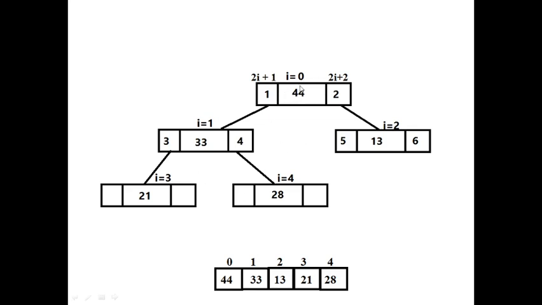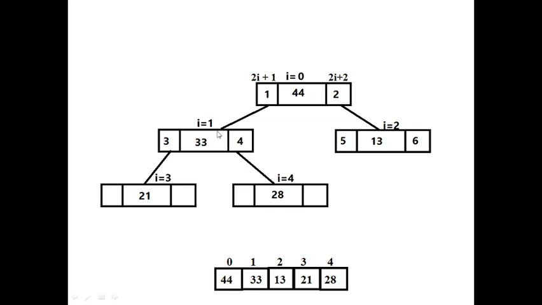If the root is at index 0, its left child is at 2i plus 1, which is 2 into 0 plus 1, which means index 1. So index 1 contains the left child. Similarly, for 2i plus 2, i is 0, so 0 plus 2, which is 2, contains the right child.